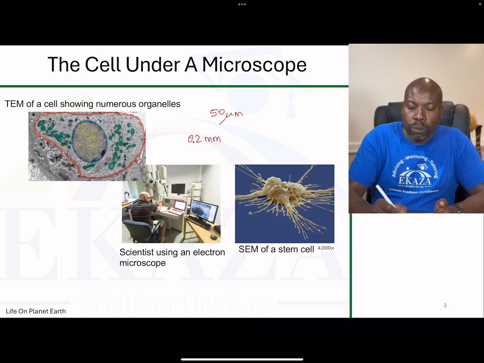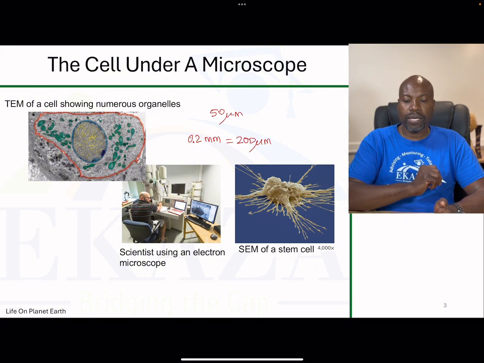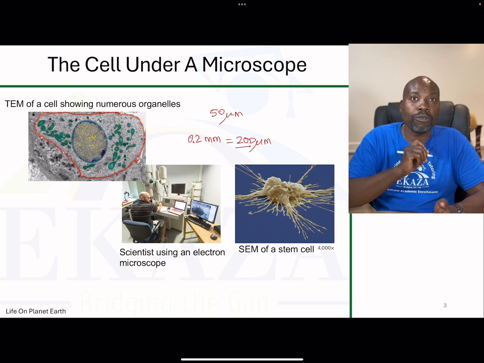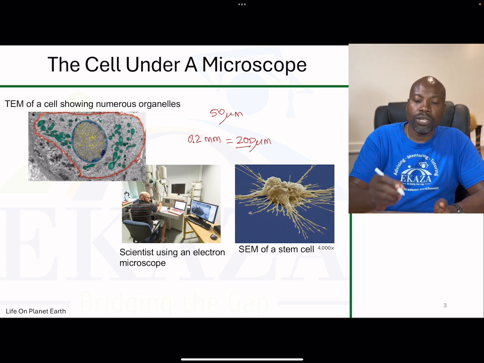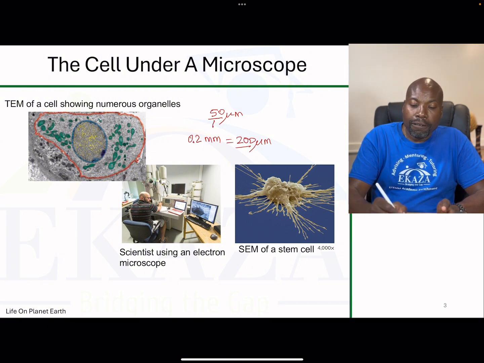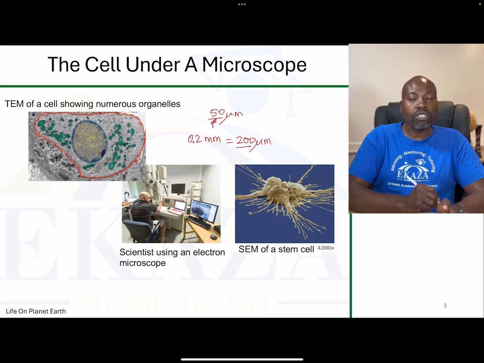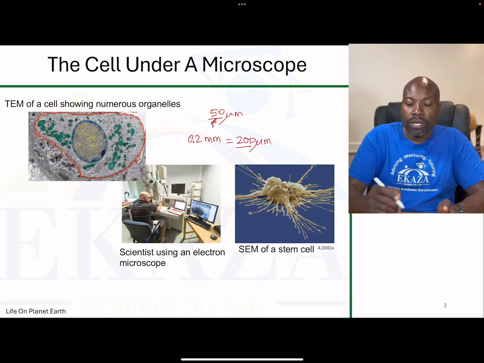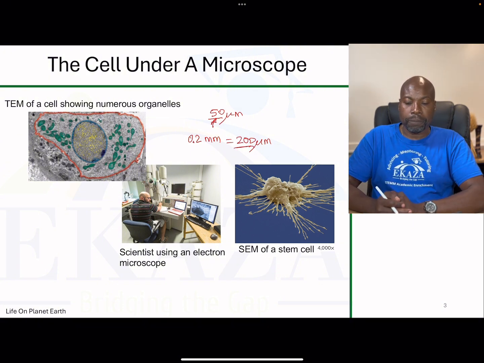That 0.2 millimeter is also equal to 200 micrometers. Now, 200 micrometers, which is the smallest particle you can see with your naked eye, is much larger than 50 micrometers. Some cells are way smaller than 50 micrometers. Some cells are slightly bigger, but you hardly have any cell that approaches 200 micrometers.